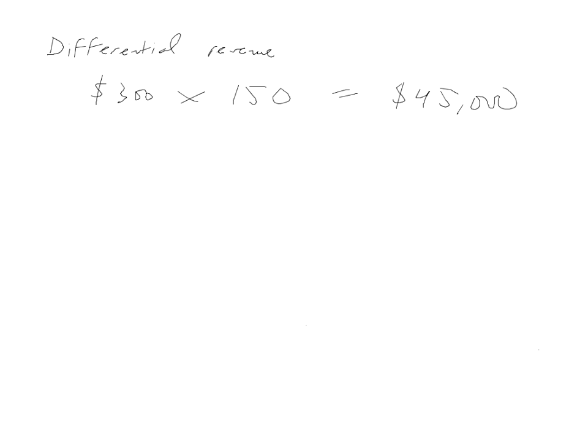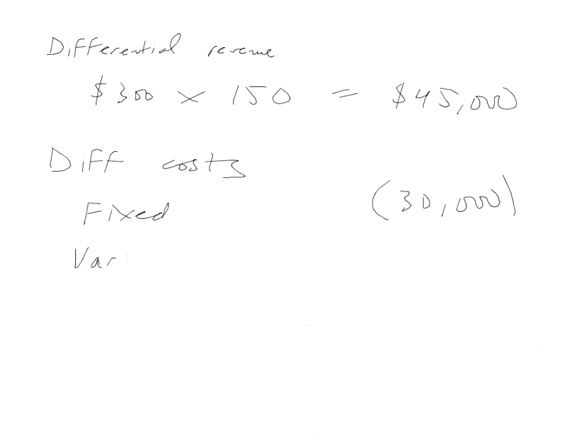Okay, but we also have to consider our differential costs. It tells us here that our fixed cost is going to go down. I'm sorry, it's going to go up. Fixed cost is going to go up by 30,000, and then the variable cost, let's see what it says.